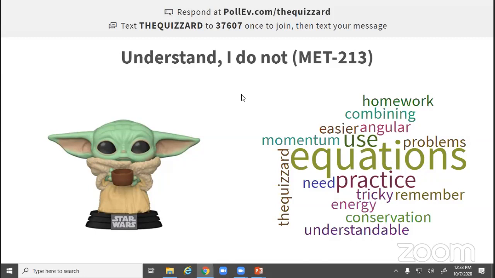And right now we've got three different methods in our toolbox. We've got Newton's second law, which is the sum of my forces is equal to mass times acceleration. We've got work and energy, right? So the amount of energy that we have at state one plus the work that it takes us to go from state one to state two is equal to the amount of energy we have at state two.